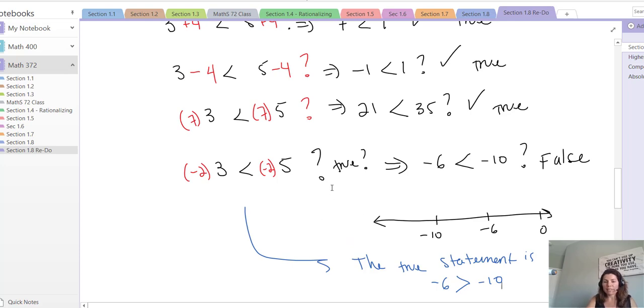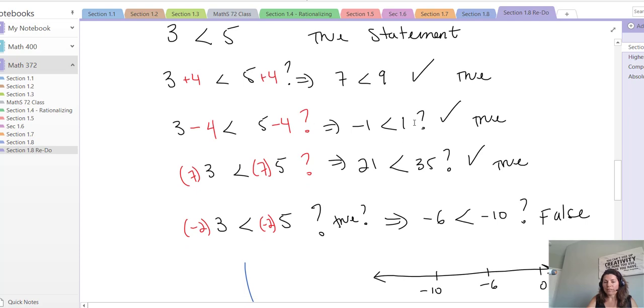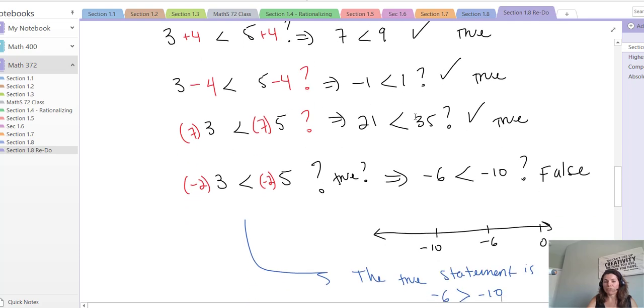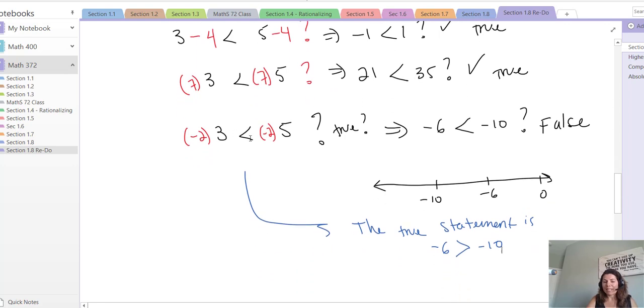So the original statement was that 3 is less than 5, and that's true. As long as you add something to both sides, the statement remains true. If you subtract from both sides, it remains true. If you multiply by a positive number, it remains true. But once you multiply by a negative number, if you leave the sign unchanged, you have a false statement.